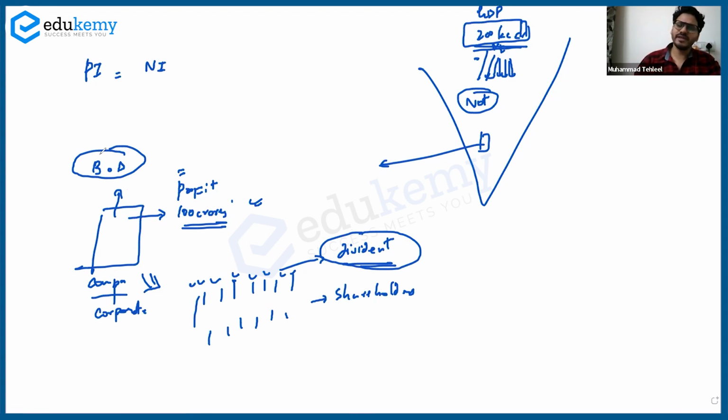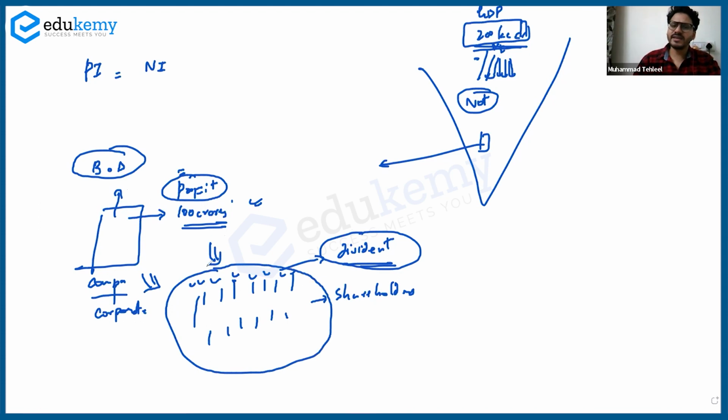The board of directors decide how much profit has to be distributed as dividend among the shareholders. Let's say they have decided to distribute 70 crore as dividend.